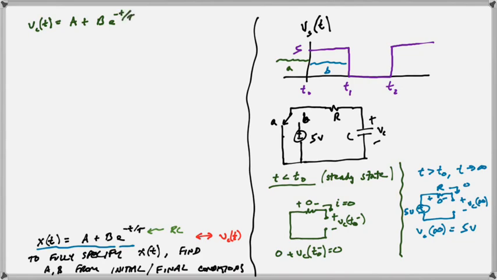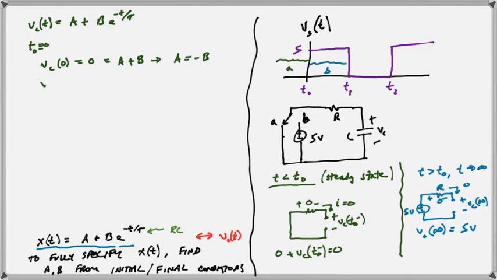And we're going to use our initial and final conditions to figure out what A and B are. So let's say t equals 0, or t naught, let's define t naught as 0. We have Vc of 0, looking down at the green circuit for the initial conditions. We said that's 0 volts, and that's A plus B. That tells us that A is equal to negative B. We still don't know anything more about them.